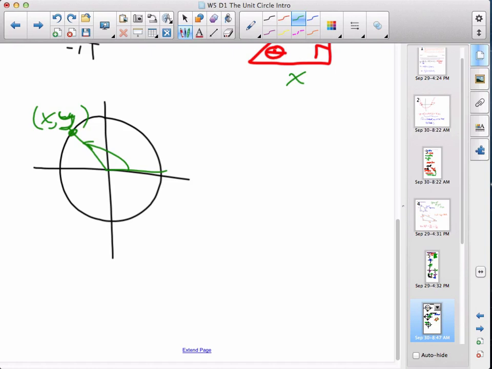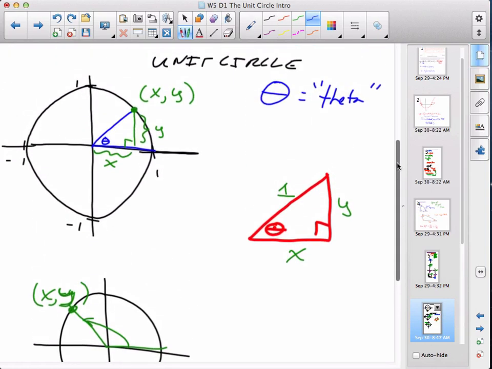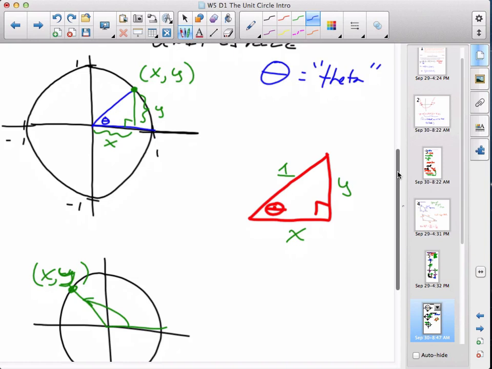Nice. So the last piece I have for us here with the unit circle, and this is key, this is like the big money maker: what is the sine of angle theta?